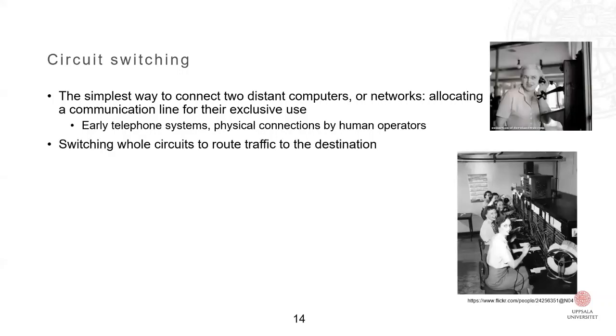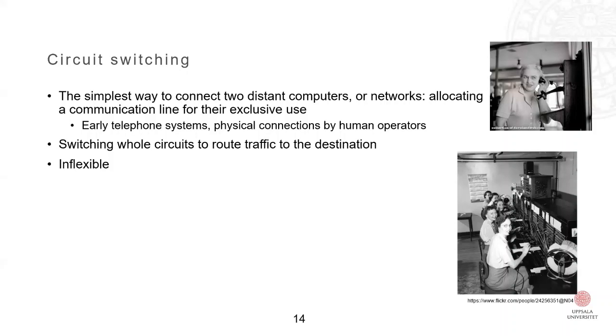So it is like the old phones which were used. Each time a person wanted to call another person, they had to ask some operators to dedicate a private line to them. So they switched the circuit for the needs of the parties involved in the communication.